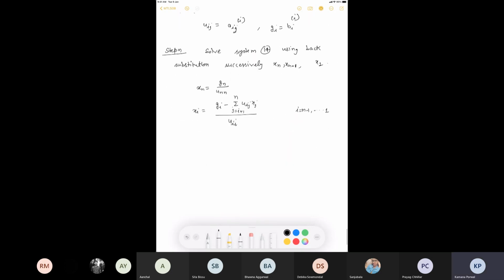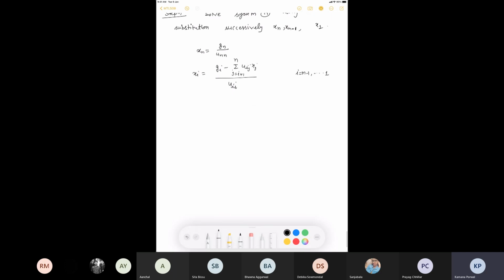Okay, and as before, if you just form the matrix of the multipliers, that is, if you define the lower triangular matrix L, I'm going to take the diagonal to be 1, that is, all the entries on the diagonal are going to be 1.